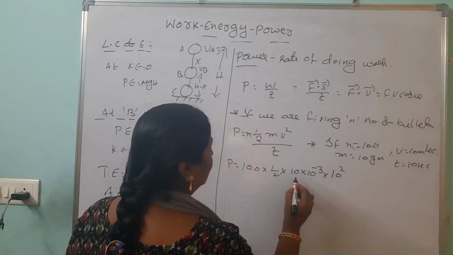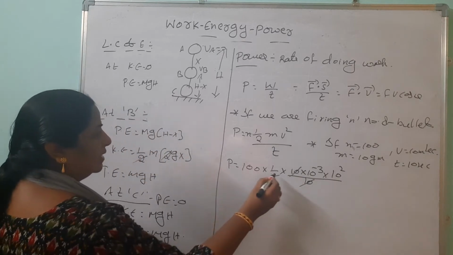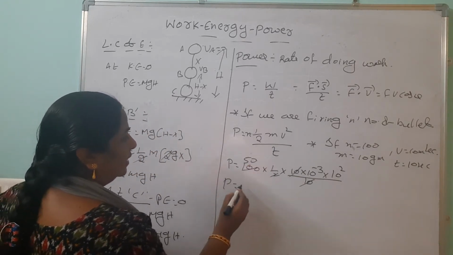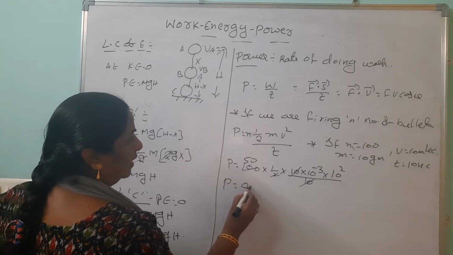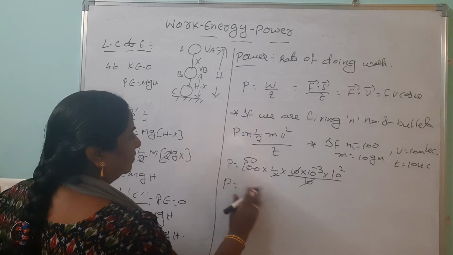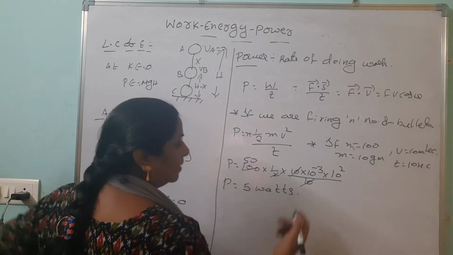Velocity square means 10 square. Time is also 10. This 10 cancels. This is 50. Finally power equals 5 watts. That is the power of the gun.